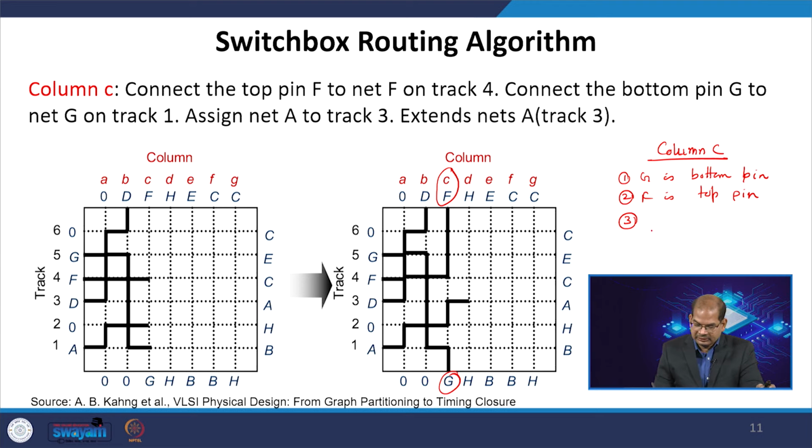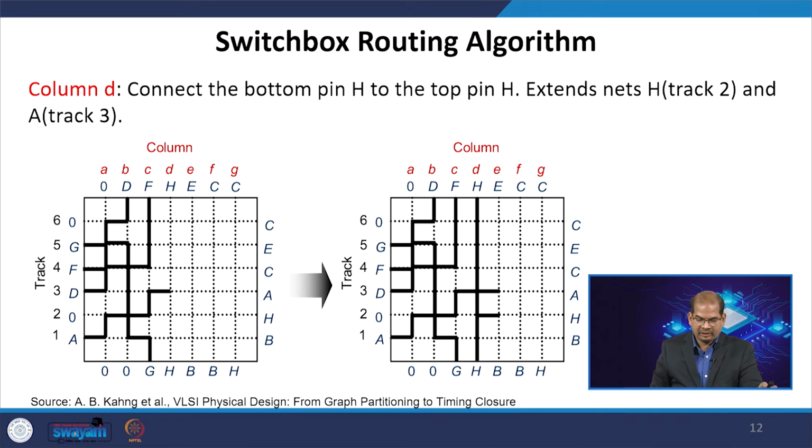Then the third one is basically your A is moved to track 3. A is moving in track 3 because we have a pin A in track 3. This is the thing done in this one.